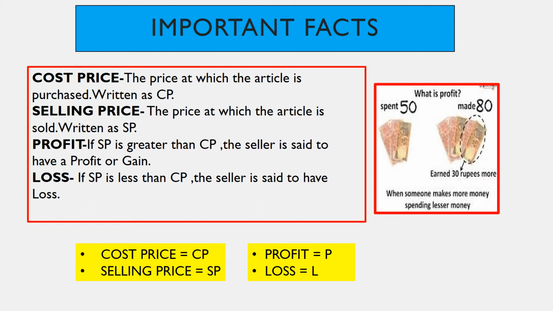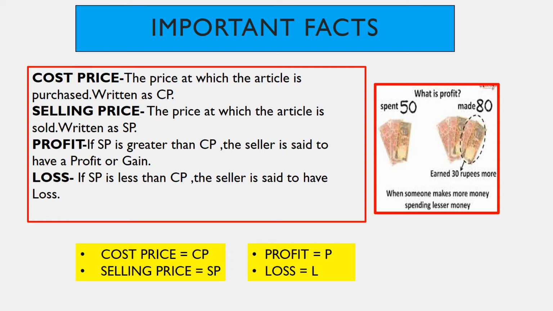Customer means the person to whom he is selling the goods. Now, the amount paid by the shopkeeper to the wholesaler is the cost price, and the amount paid by the customer, the person who is buying from the shopkeeper, is the selling price, right?